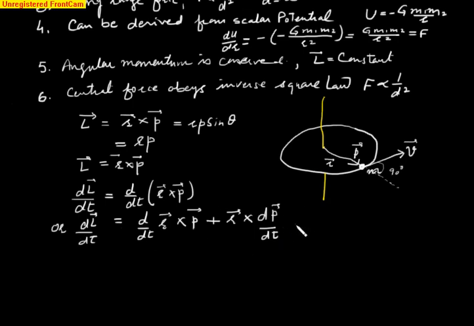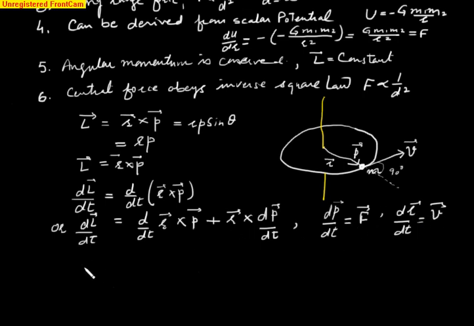Now from this equation we know that according to Newton's second law, dp by dt, the rate of change of momentum, is equal to force, and dr by dt, the rate of change of displacement, is called velocity.